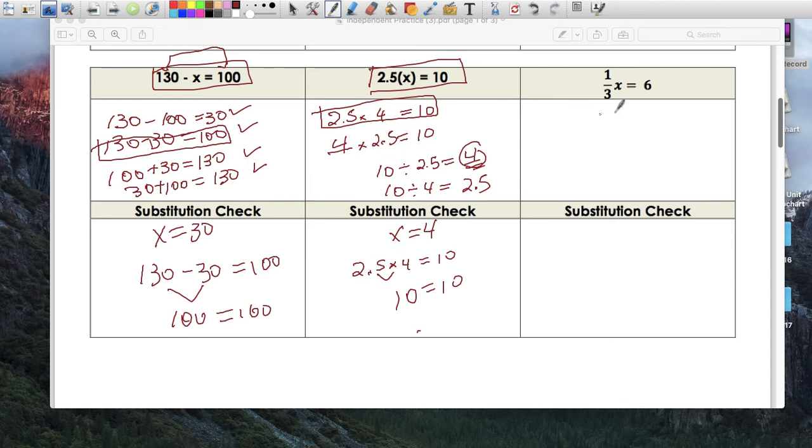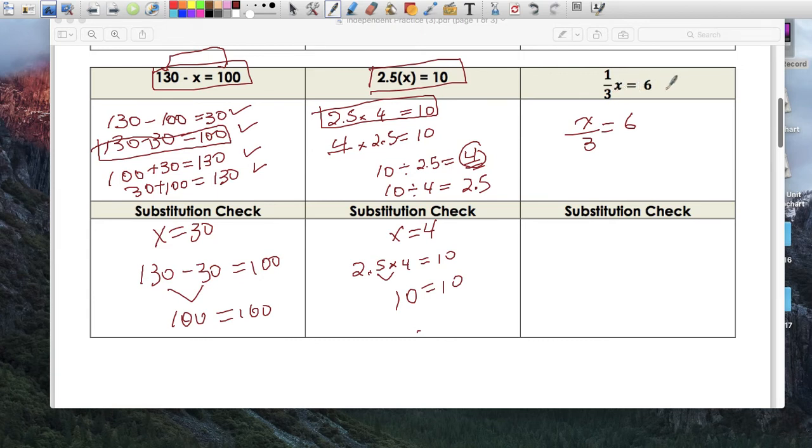So one of the things that create a little bit of confusion is that it's written this way. That can also be written like this. If this makes it easier for you to understand, here this says a number divided by 3 equals 6, whereas this says 1/3 of a number equals 6.